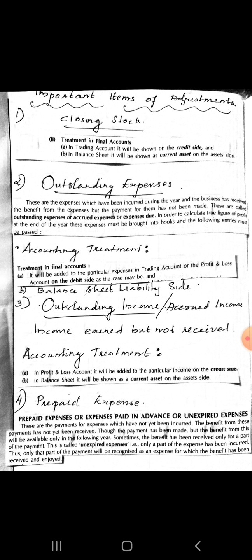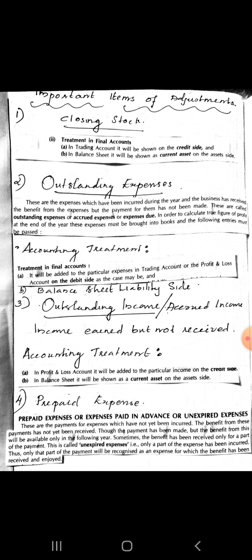Next, prepaid expenses, or expenses paid in advance or unexpired expenses. These are payments for expenses which have not yet been incurred. The benefit from these payments has not yet been received, though the payment has been made; the benefit will be available only in the following year.